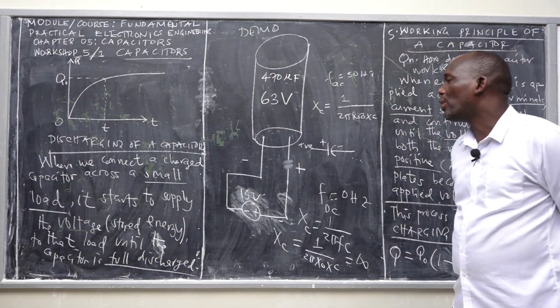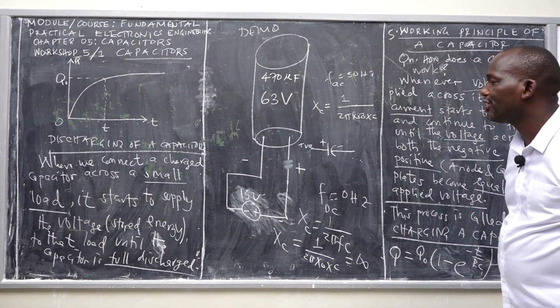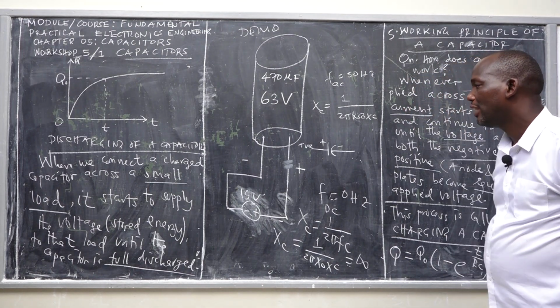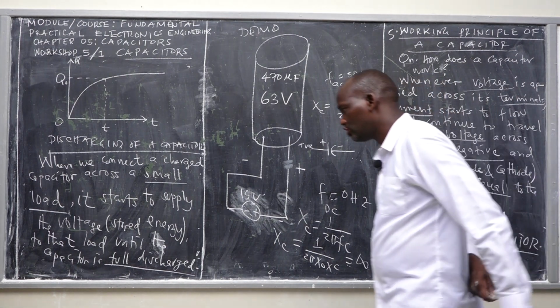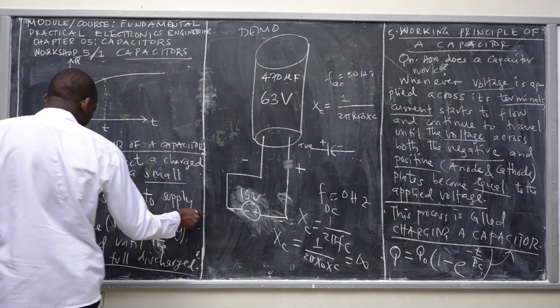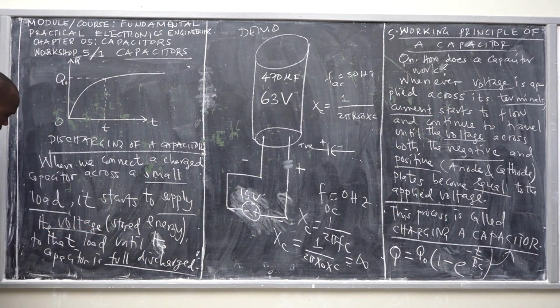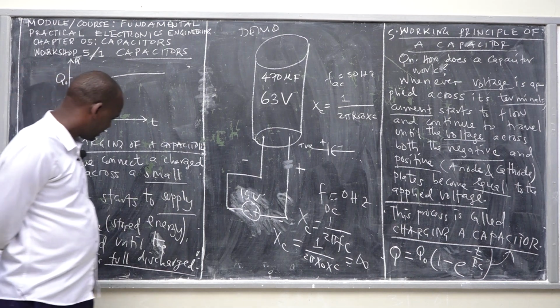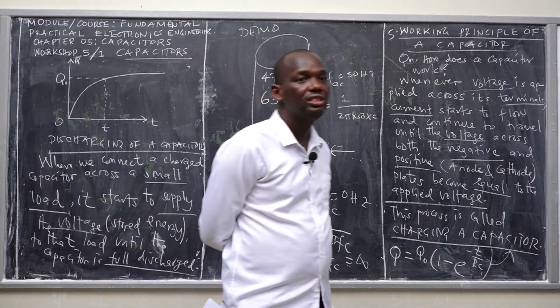So when we connect a charged capacitor across a small load, it starts to supply the voltage to that load until the capacitor is fully discharged.